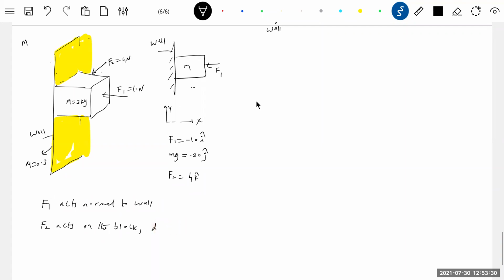Force F2 on the block. Okay, in the books they are given question. Now it's asking whether the block will slide or not.